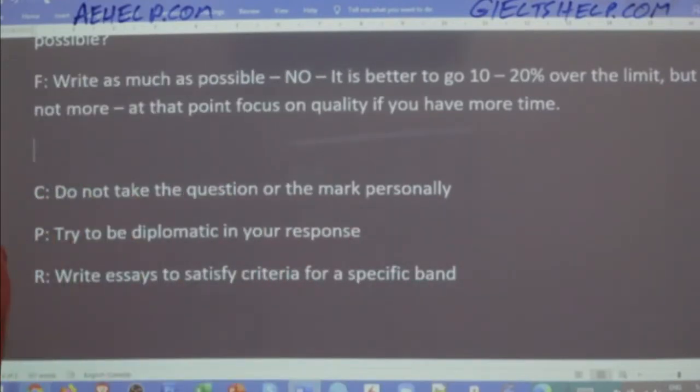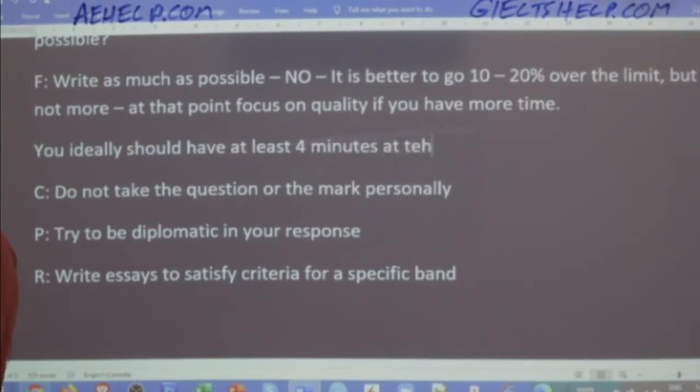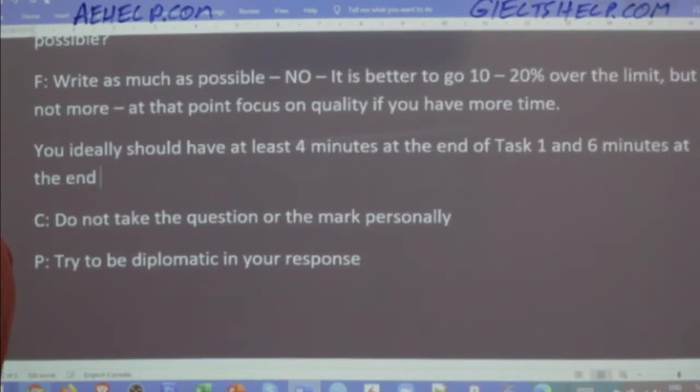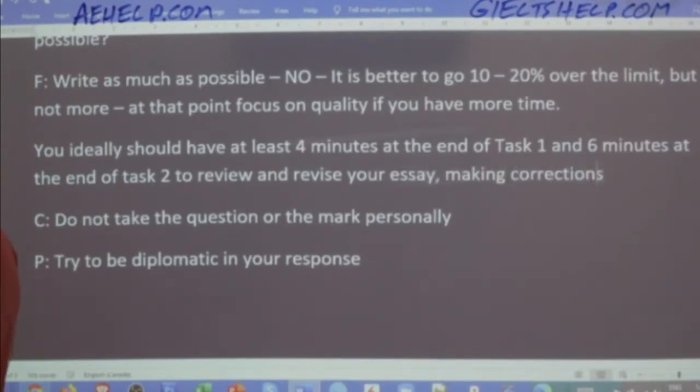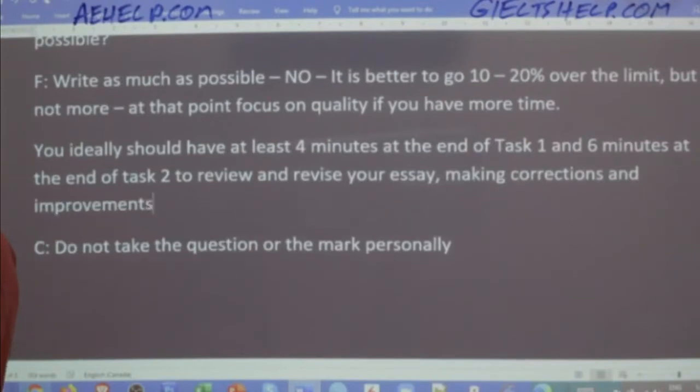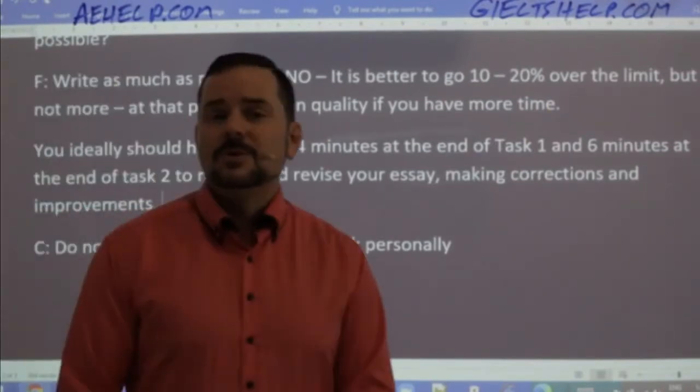So you ideally should have at least 4 minutes at the end of task 1 and 6 minutes, I would say, at the end of task 2 to review and revise your essay, making corrections and improvements. Okay? And to be perfectly honest with you, I didn't do that.